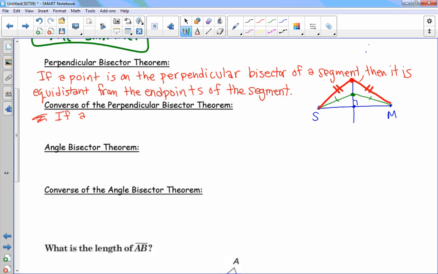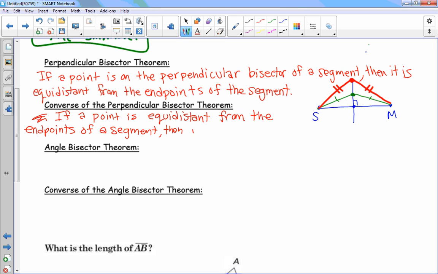If a point is equidistant from the endpoints of a segment, then it is a perpendicular bisector of that segment.